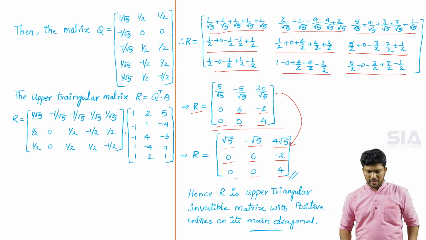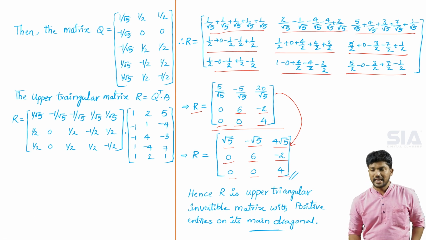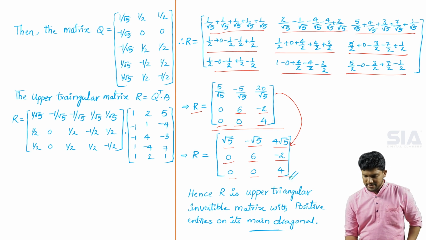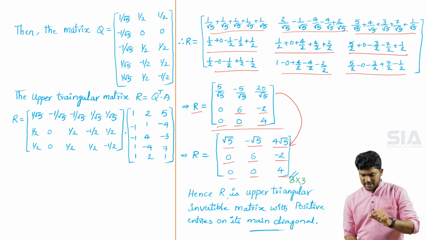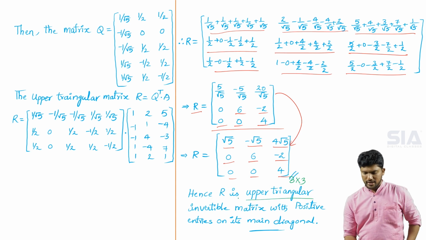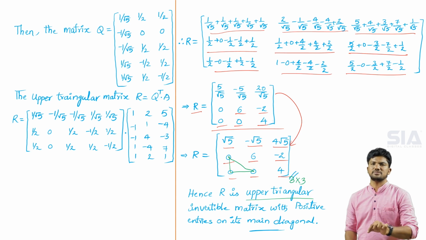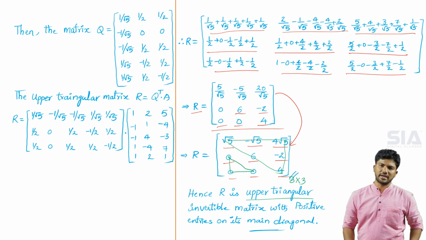Observe carefully: capital R is first of all a square matrix, meaning a 3 by 3 matrix, and capital R is upper triangular. Upper triangular means the entries below the diagonal become 0.